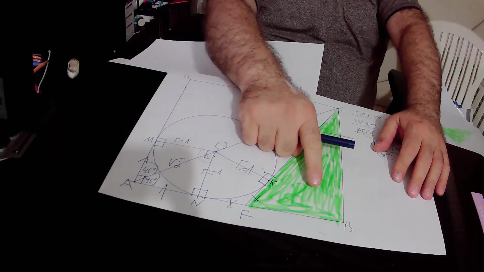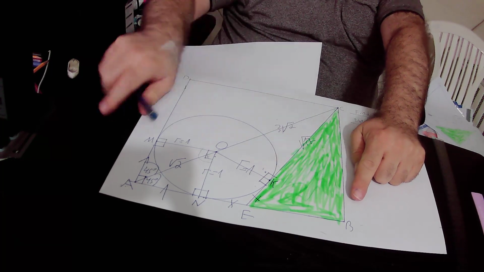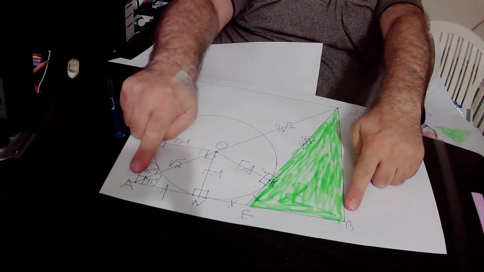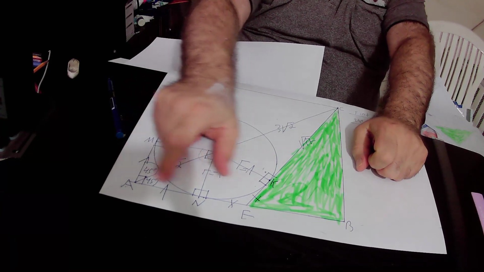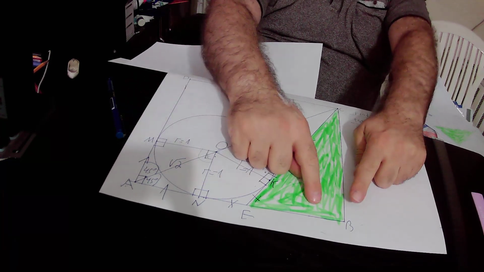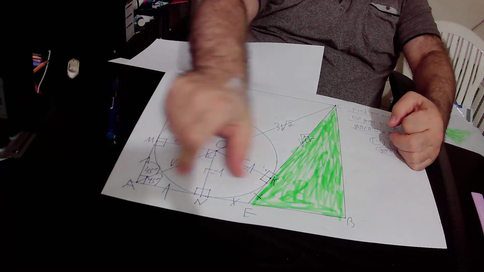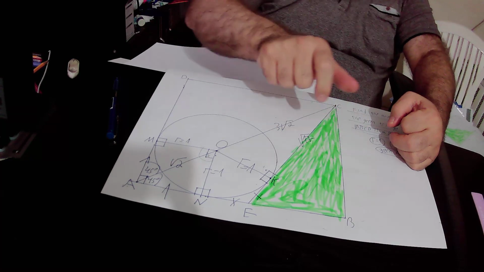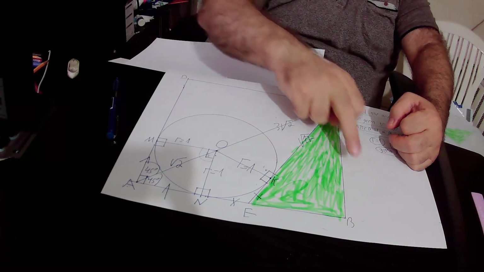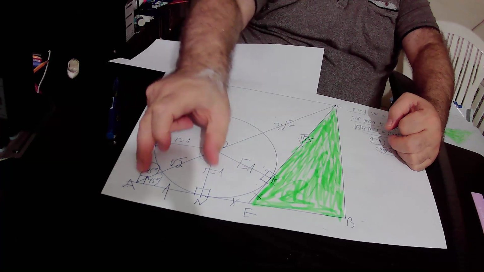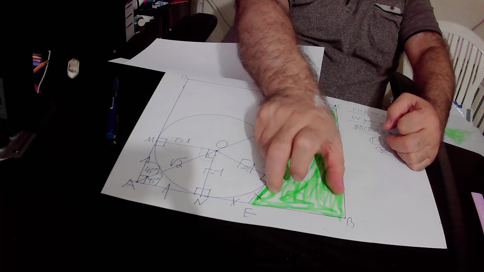You can see from the drawing that the length of EB is actually equal to AB minus AN minus EN. Very simple. If you subtract AN and EN from AB, you will get EB.